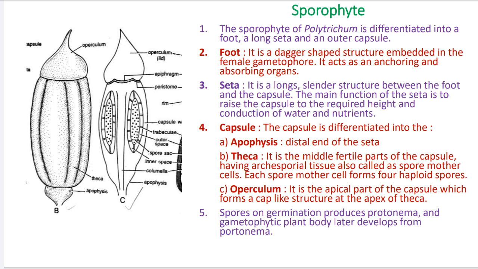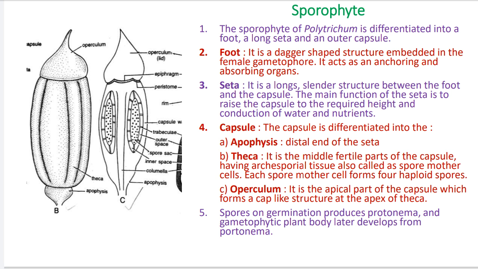Number 2, the foot is dagger-shaped. It is a dagger-shaped structure embedded in the female gametophore at the position of the archegonium where fertilization takes place. At the same position the foot develops, so the foot is embedded in the female gametophytic plant body.